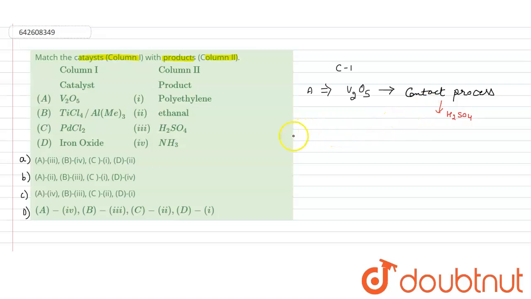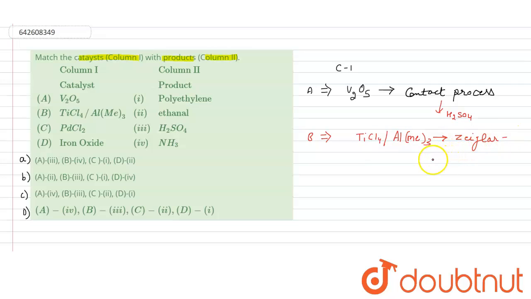If I talk about option B, the catalyst is TiCl4 and aluminium trimethyl, that is, trimethyl aluminium. This is actually a famous catalyst, the Ziegler-Natta catalyst.